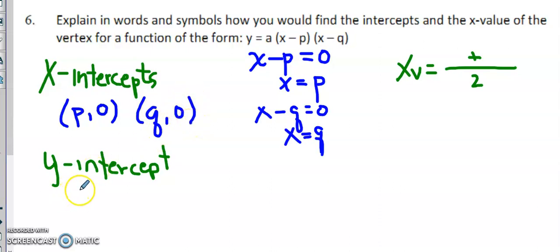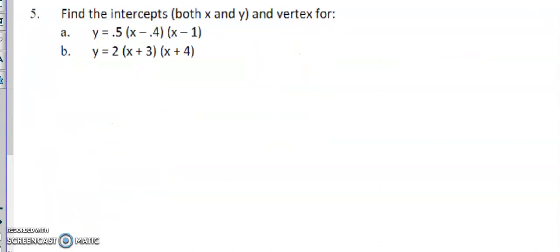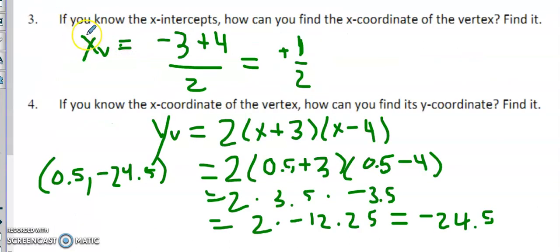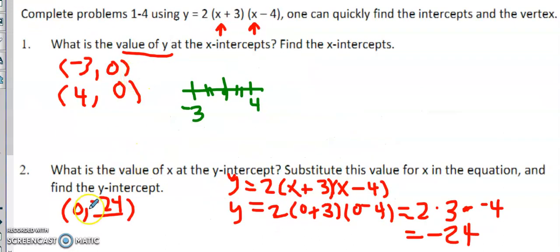Now for a y-intercept, this is where x is 0. Going back to problem number 2, we're looking for the y-intercept, so that means x is 0.